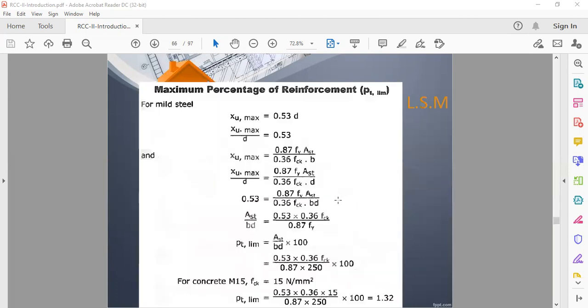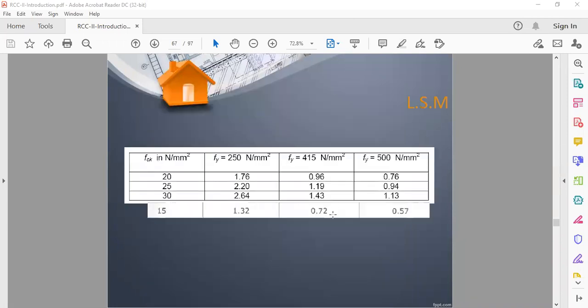And then we have also seen how to calculate the percentage of reinforcement, the maximum percentage of reinforcement for different grades of concrete.